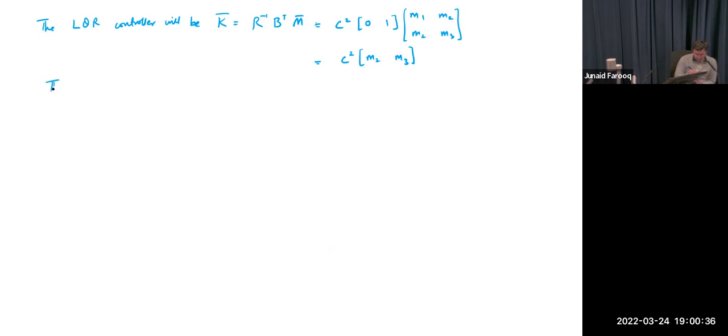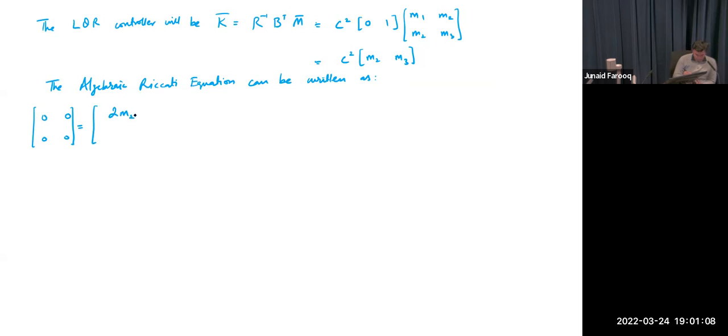So the algebraic Riccati equation can be written as zero equals, I mean, I can write a full 4x4 zero matrix, 2m2 omega squared minus m2 squared c squared plus 1, and it will be m1 plus m3 omega squared.